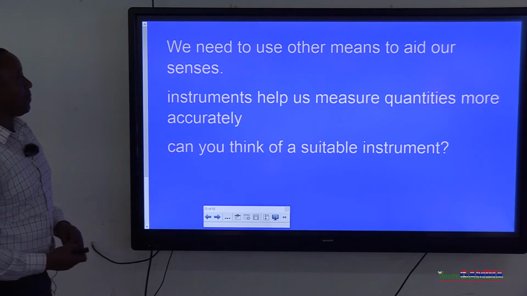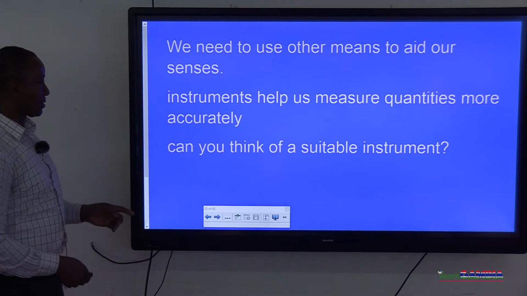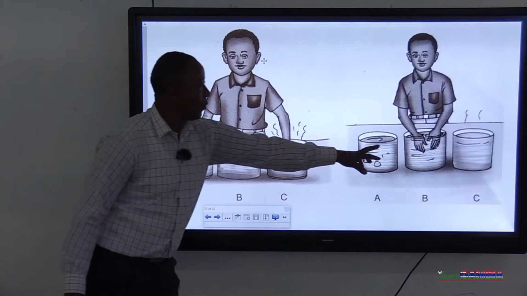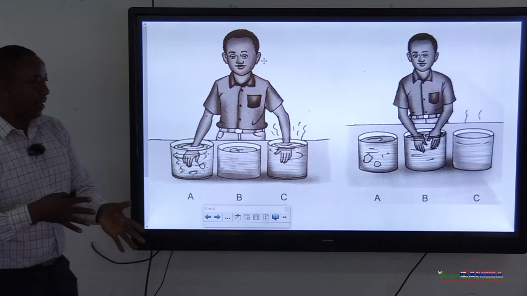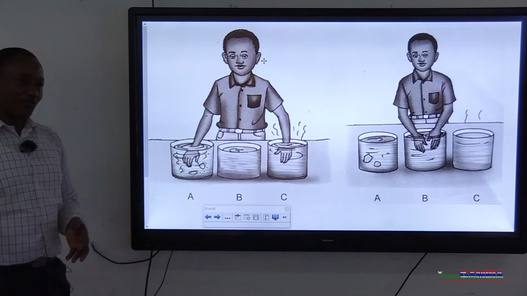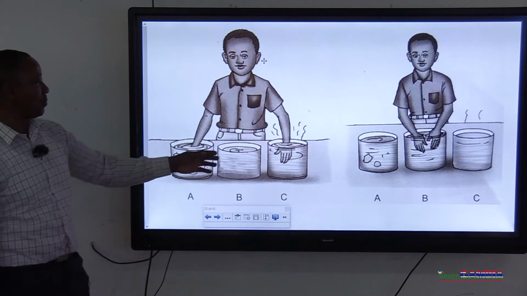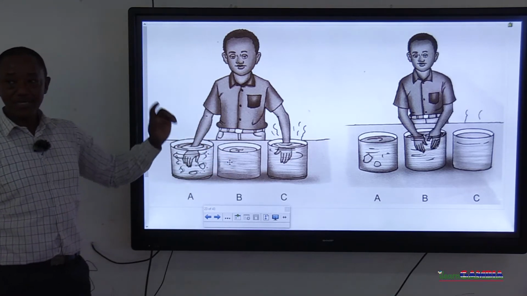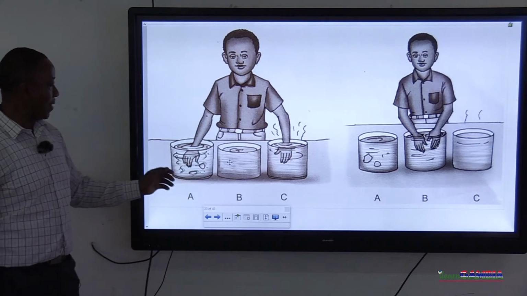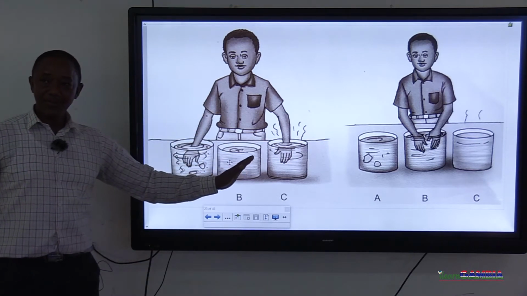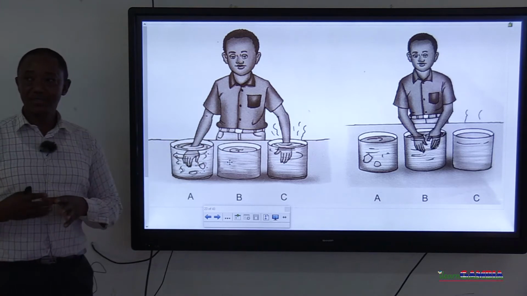We need to use other means to aid our senses, because from this experiment here, you will know you cannot rely on your sense of feel, because if your hand is coming from something hot and going to something warm, your brain will interpret that as cold. Likewise, if your hand is coming from cold water onto warm water, it is going to interpret that as hot.